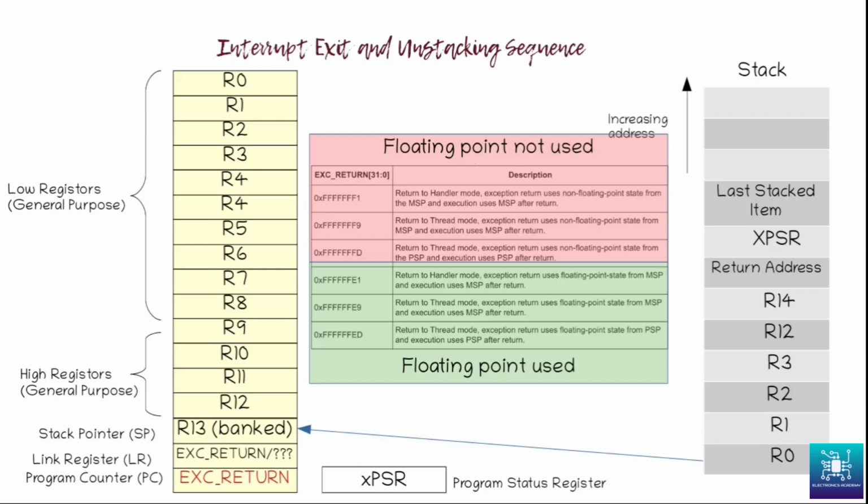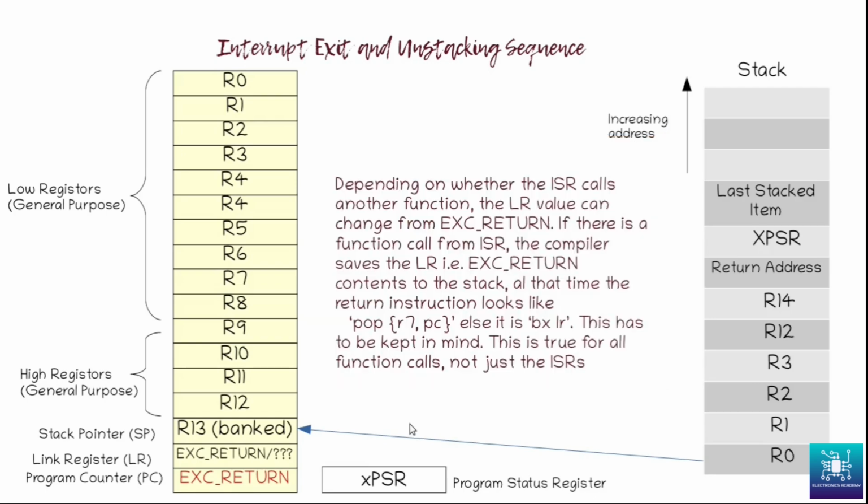Okay. Now why does this EXC return value change, and why is it that not always can the EXC return value be loaded from the link register? This is something very common for function handling in general. Suppose the ISR calls another function, and that happens quite often.